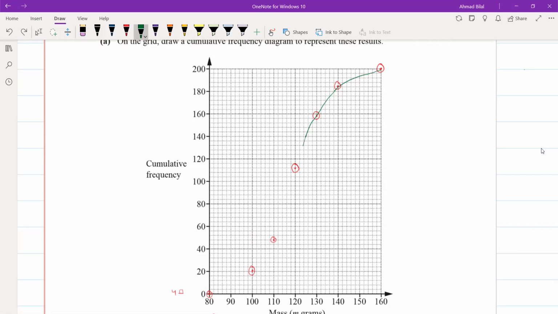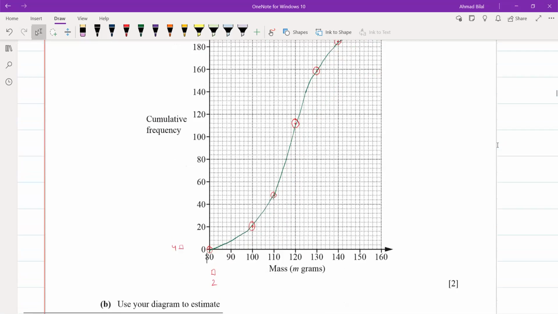If you need to erase something, you have the chance to do that. So this is what it looks like for me. Okay, so this is my cumulative frequency curve. So this is what we were required to draw there.